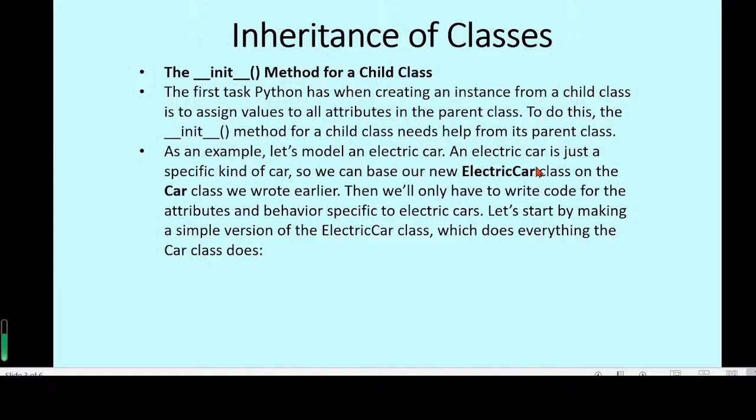An electric car is just a special kind of car, so we can base our new ElectricCar class on the Car class we wrote earlier. Then we will only have to write code for attributes and behavior specific to electric cars. Let's start by making a simple version of the ElectricCar class, which does everything the Car class does.